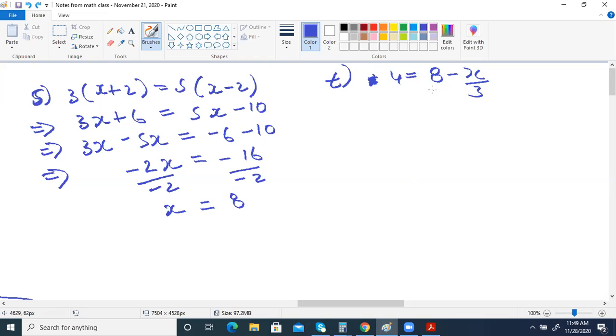Sir, can I tell you what I did? After writing that part, I write 4, I bring over the 8 to the other side, and say 4 minus 8 equals minus x over 3, and then I cross multiplied and I ended up with minus 12, which equals minus x, and then I multiply that by minus 1 and got 12 equals x, or x equals 12.